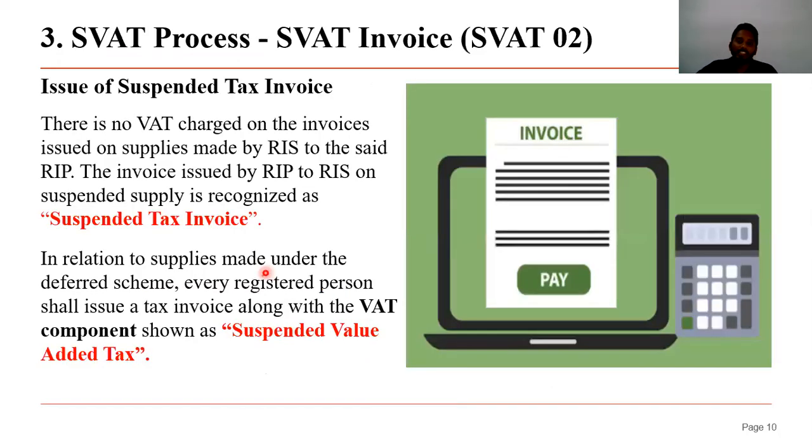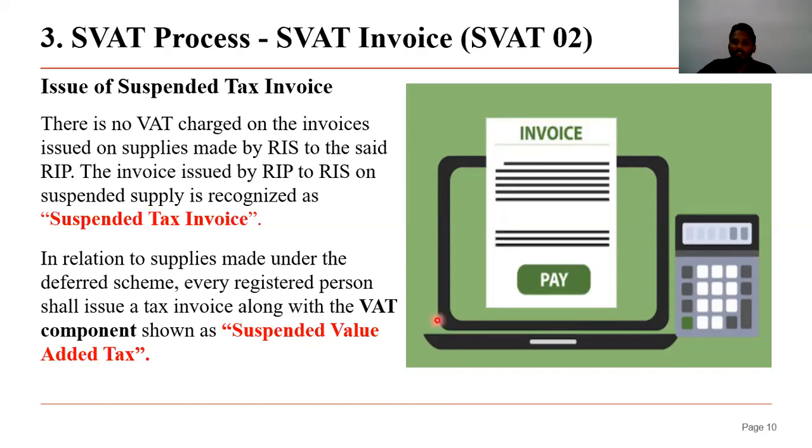Then what is an SVAT invoice? As I explained, an SVAT invoice is mainly what RIS issues to RIP. We call it a suspended tax invoice. Then the VAT portion, they are required to show as suspended VAT, suspended value-added tax, because you are not going to pay the VAT amount.